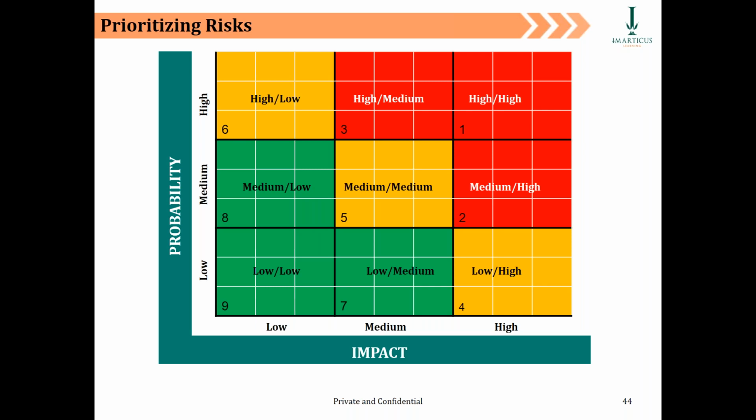So what you need to be careful of is risks which have high probability of occurrence and high impact that they will leave behind. Okay, so low probability, high impact, that's what you see here. Yeah, so the impact is low, but the probability is high.